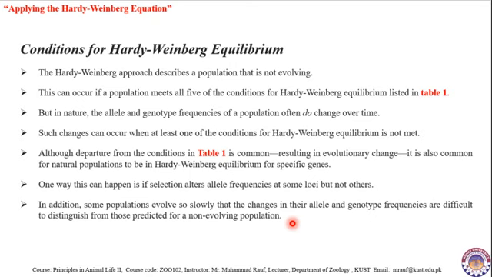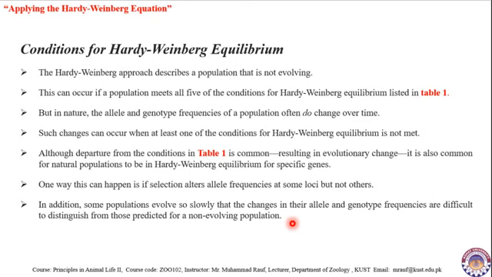It is a gradual process which takes place over a long period of time, and at times the rate of evolution in a particular allele and genotype is so slow that we cannot differentiate it from a non-evolving population.